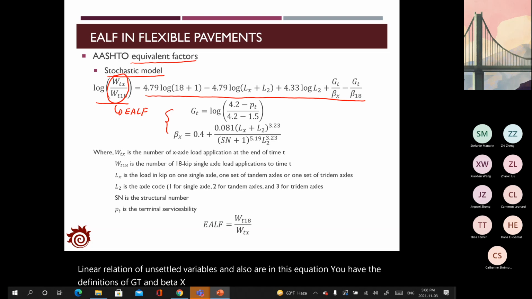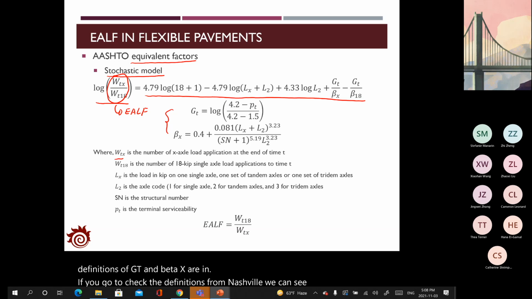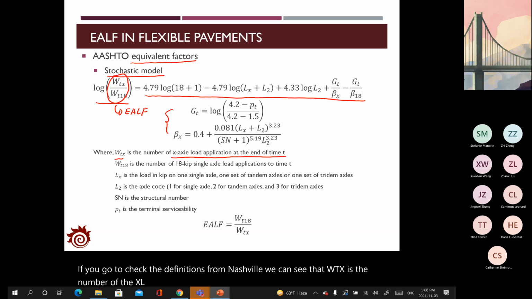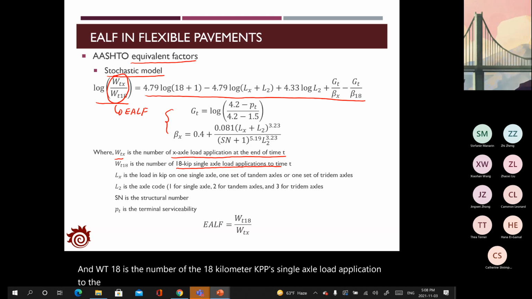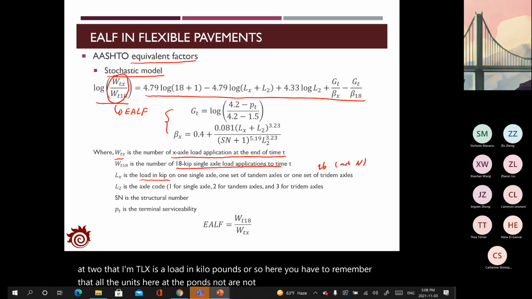And if we go check the definitions from AASHTO, we can see that Wtx is the number of x-axle load applications at the end of time t, and Wt18 is the number of 18 kilopound single axle load applications at time t. Lx is the load in kilopounds. So here you have to remember that all the units here are pounds, not Newtons.